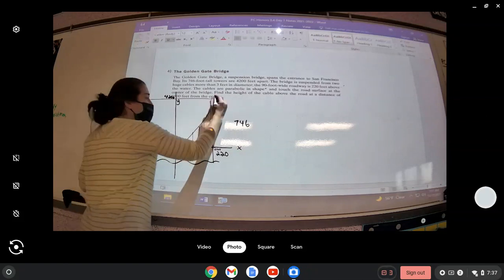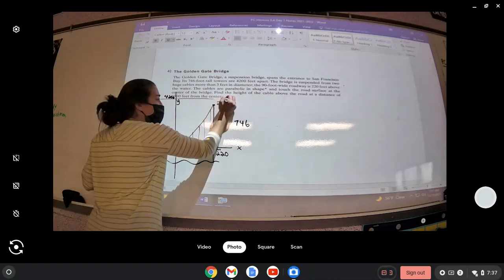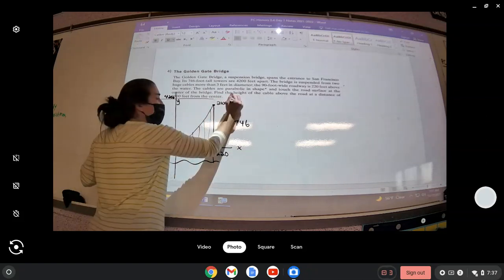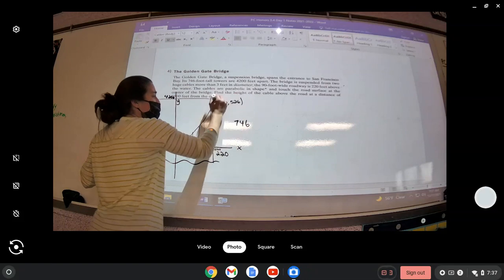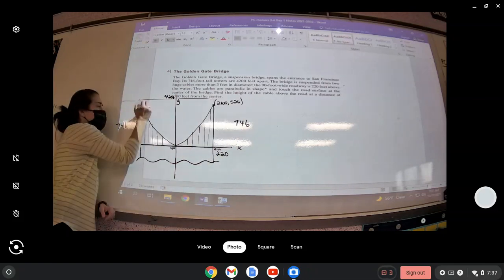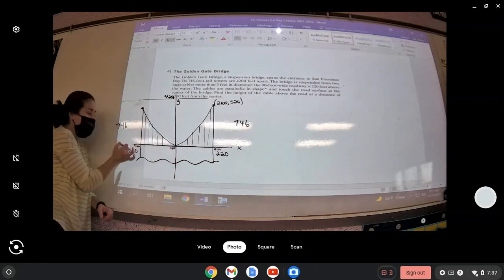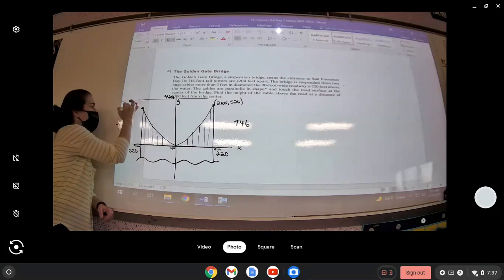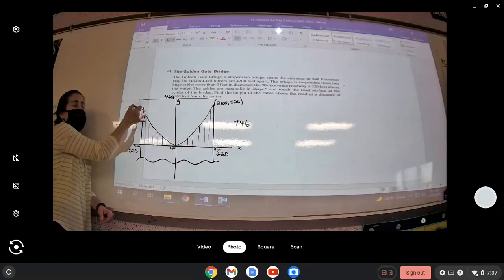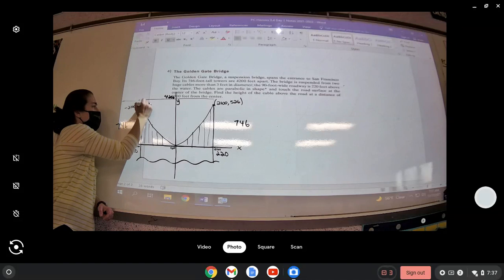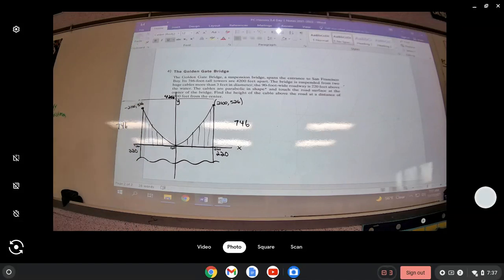So that point right there is positive 2,100 as your x and 526 as the y. And the same thing over here. This point right here is left 2,100 feet, so that's negative 2,100, and it is 526 feet above the water.